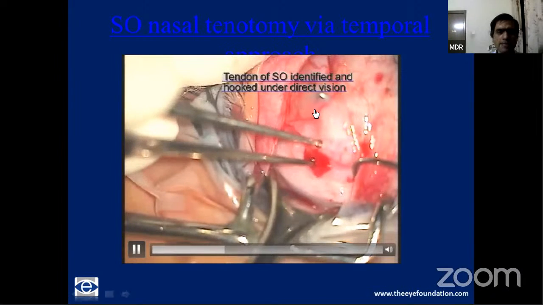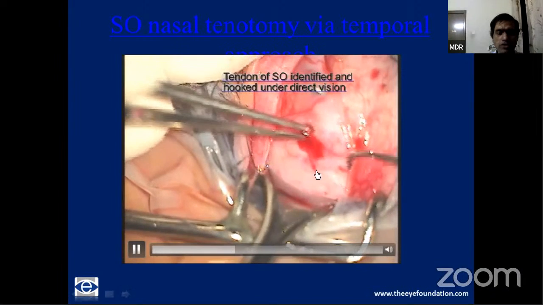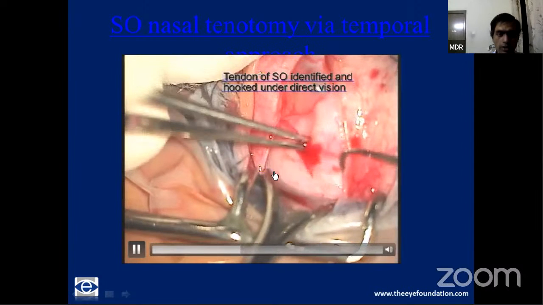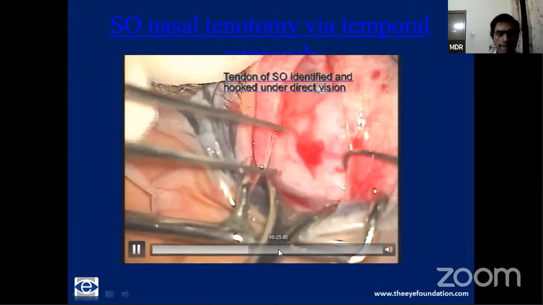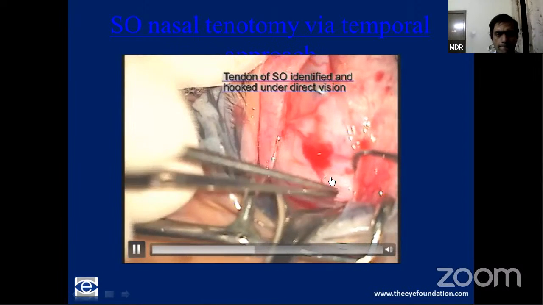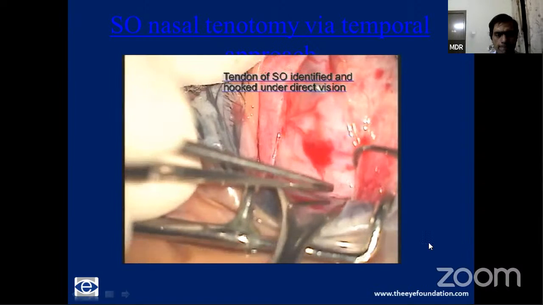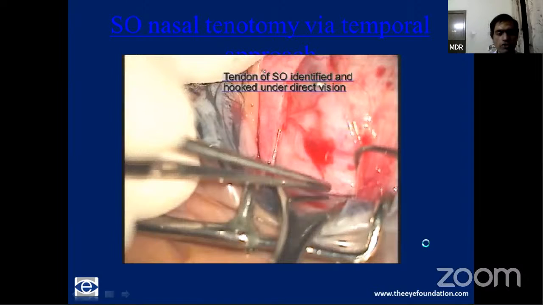So after prolapsing the superior rectus out, the silvery fibers of the superior oblique are seen on the nasal border. They are seen and hooked under direct vision. So once they are hooked under direct vision, you can do a procedure of your choice.